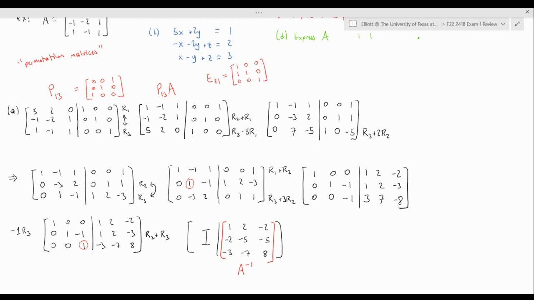You could obtain that by adding row 1 to row 2 of the identity matrix, okay? And then row 3 minus 5 row 1. That's going to give us another elementary matrix, which I know you guys usually call E31. This matrix is going to be the identity matrix, but it's going to have a -5 in the 3-1 position, okay?